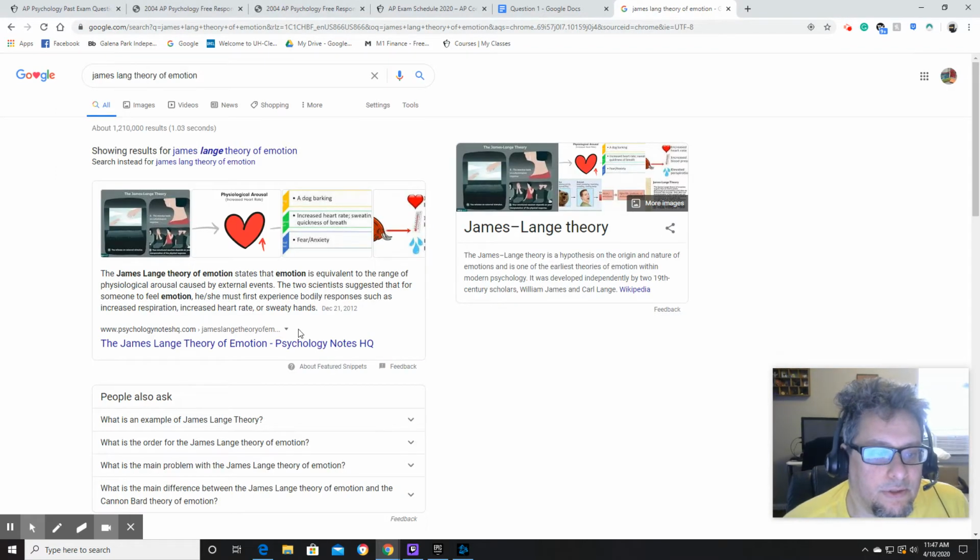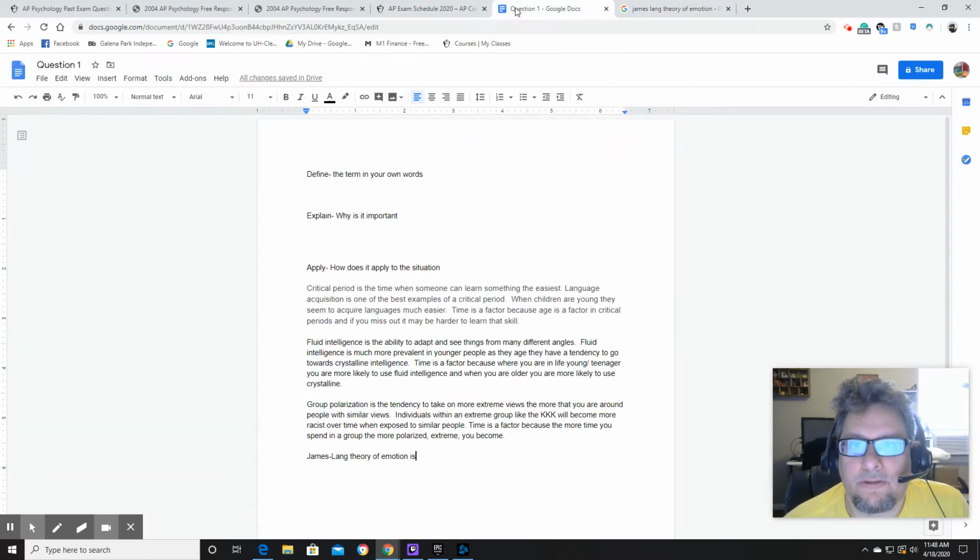James Lange theory of emotion. So emotion is equivalent to the range of physiological arousal caused by external events. The two scientists suggest that for someone to feel an emotion, he or she must first experience a bodily response, such as increase in respiration, increase in heart rate, or sweaty hands. All right, so they are saying that emotions, let's go ahead and simplify it.